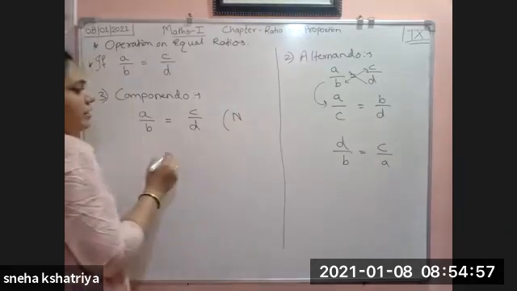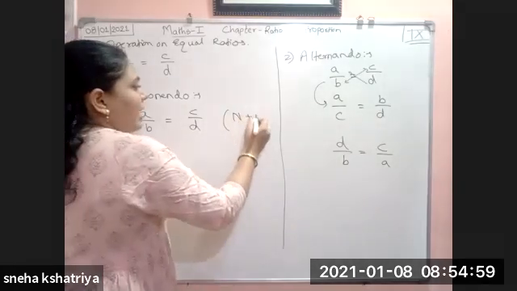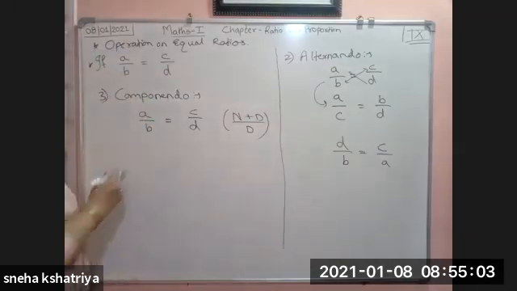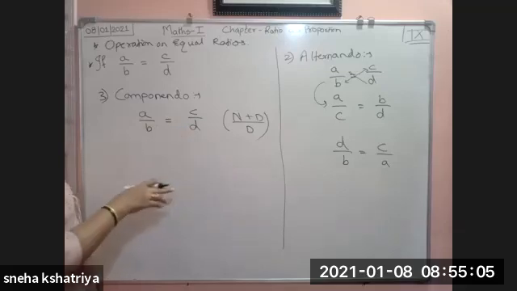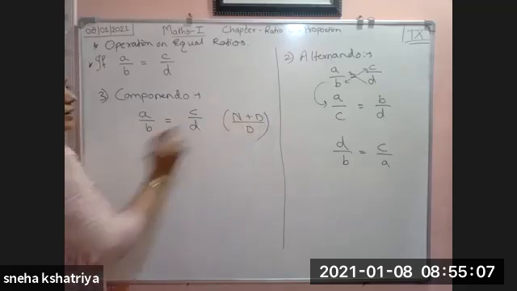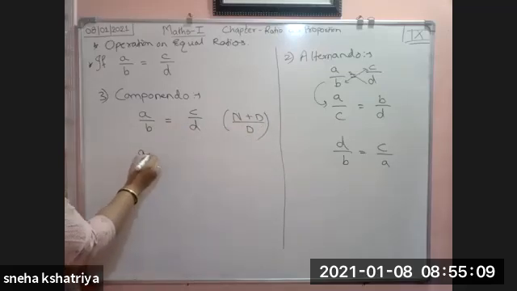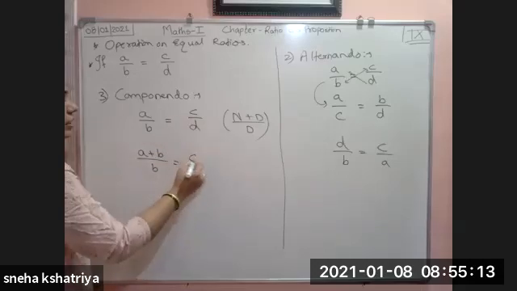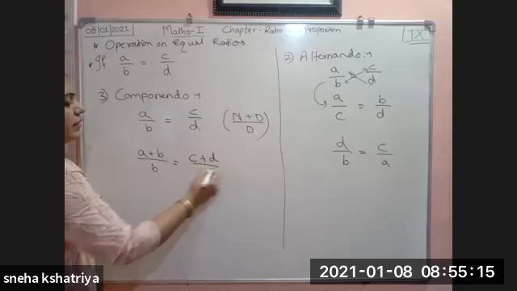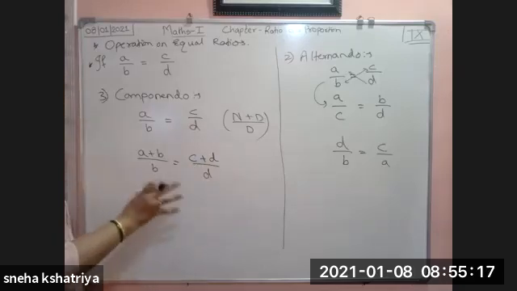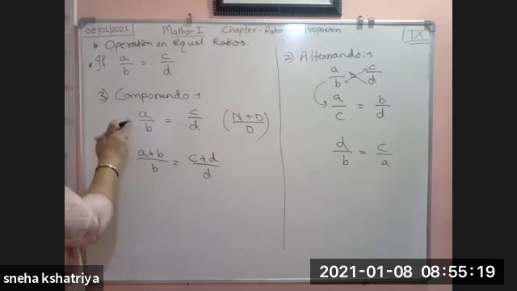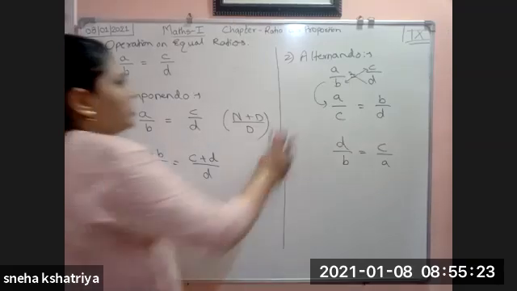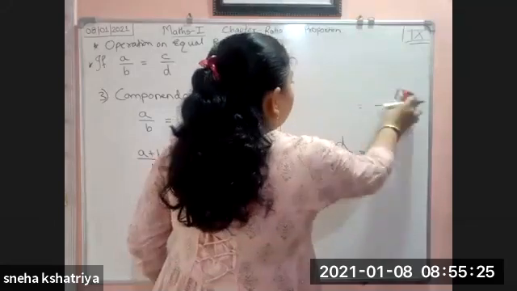See here, n is the numerator, to which add the denominator, divided by the denominator as it is. Simple, n plus d divided by d. Numerator plus denominator divided by denominator. So this gets A plus B divided by B, which is equal to C plus D divided by D. Very simple operations. Just add the denominator to the numerator. Okay, so this is what componendo is.